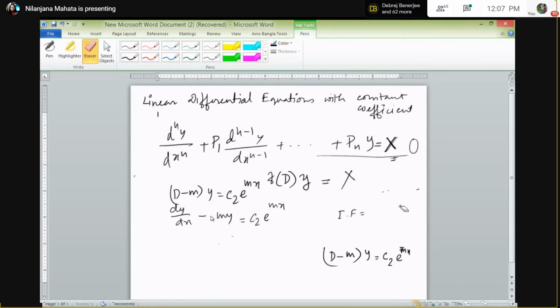IF is e to the power integration of minus m dx. So your IF is, you have solved, and what have you got?